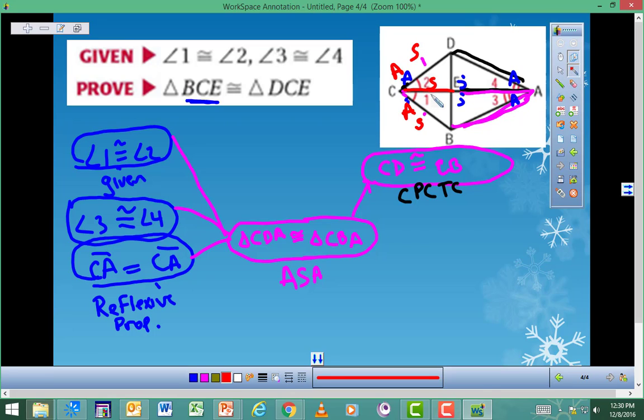So there's your side. So we have side angle side, side angle side, and side angle side. So what I need to do is put this in my proof somewhere. And that one I can just place anywhere. I'm going to set it by itself. I'm going to say CE is congruent to CE.